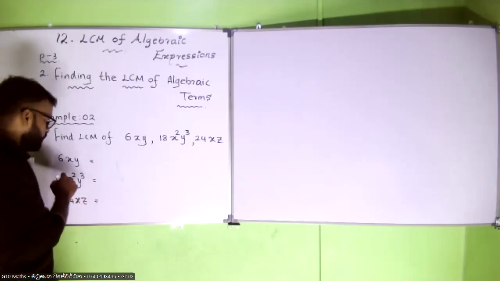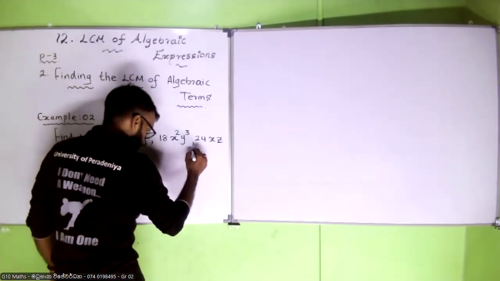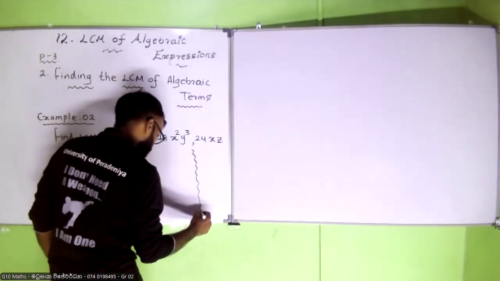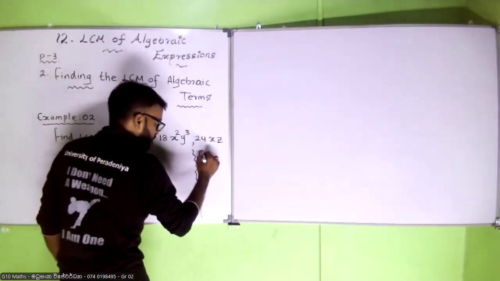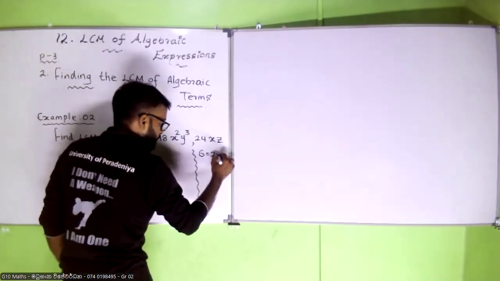Right. So first of all, I have 6. 6 can be represented very easily as 2 times 3.